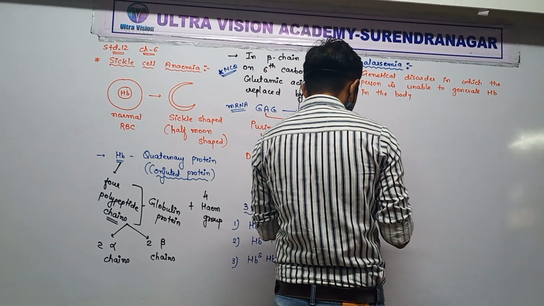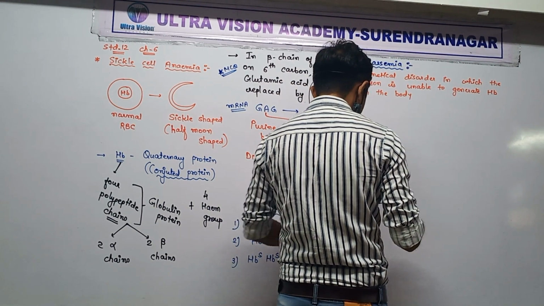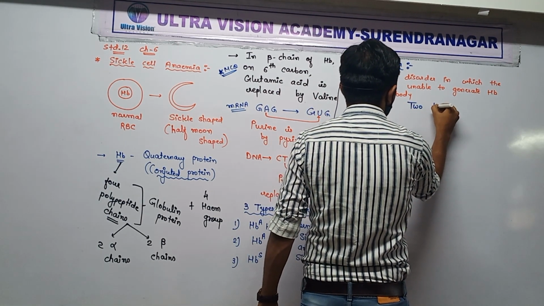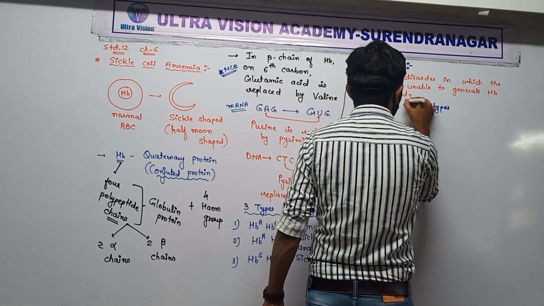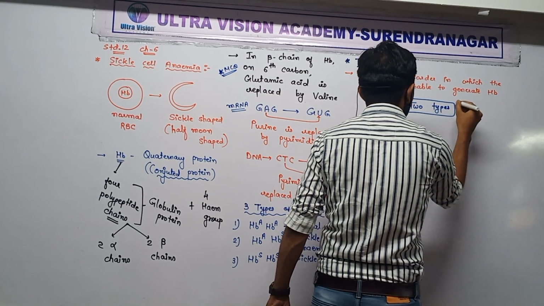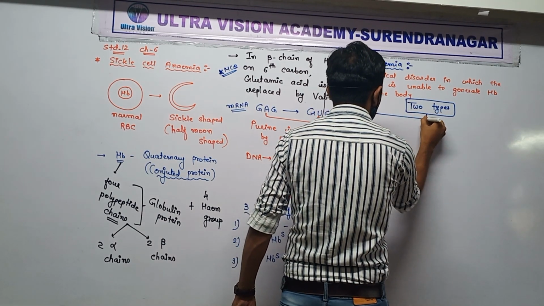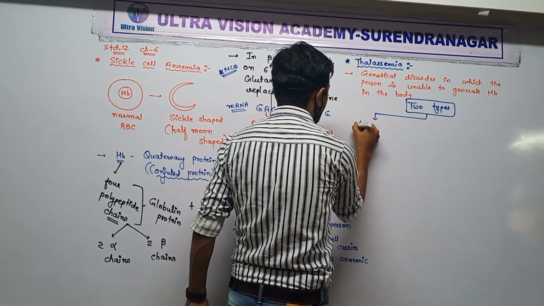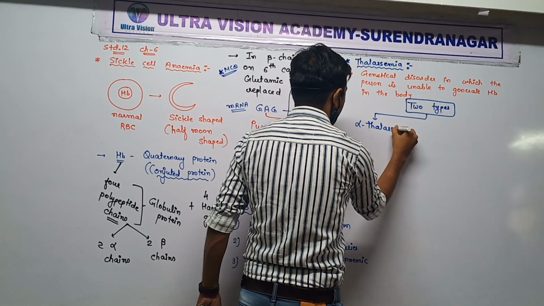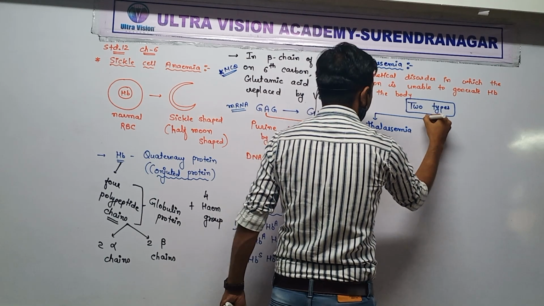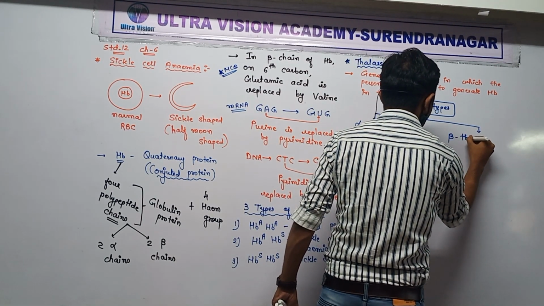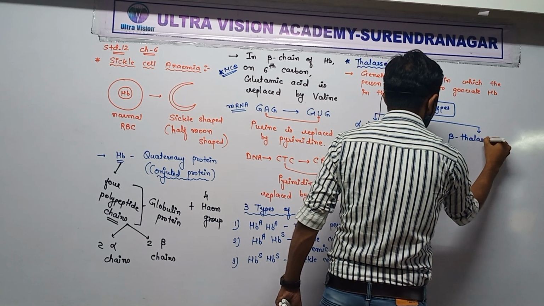Here, two types of thalassemia are there: alpha thalassemia and beta thalassemia.